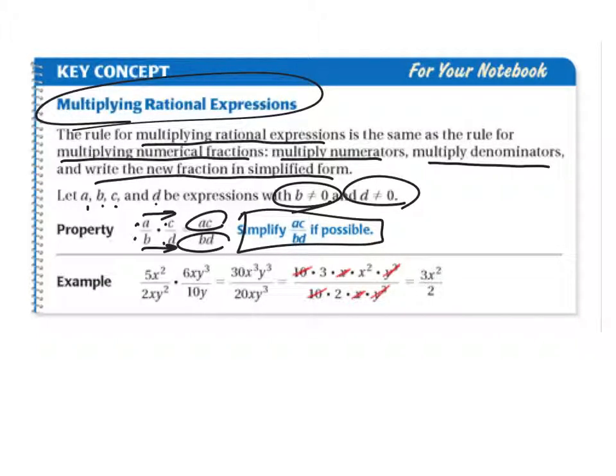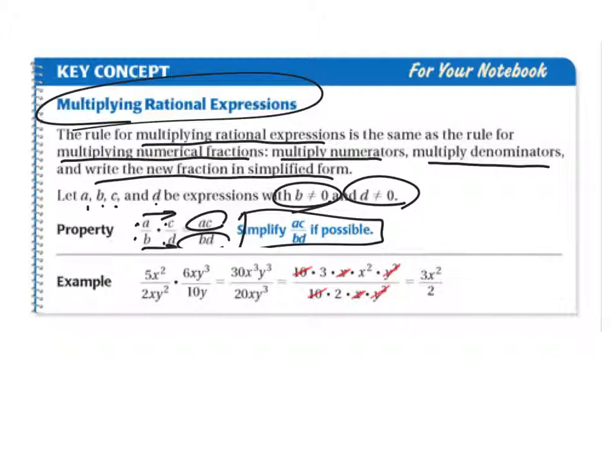Our example, 5x squared over 2xy squared, times 6xy cubed over 10y. Multiply across the top, I get 5 times 6 is 30. x squared and x is x cubed and y cubed. 2 times 10 is 20. x times nothing is x. y squared and y is y cubed. Okay, so we did all the multiplication.